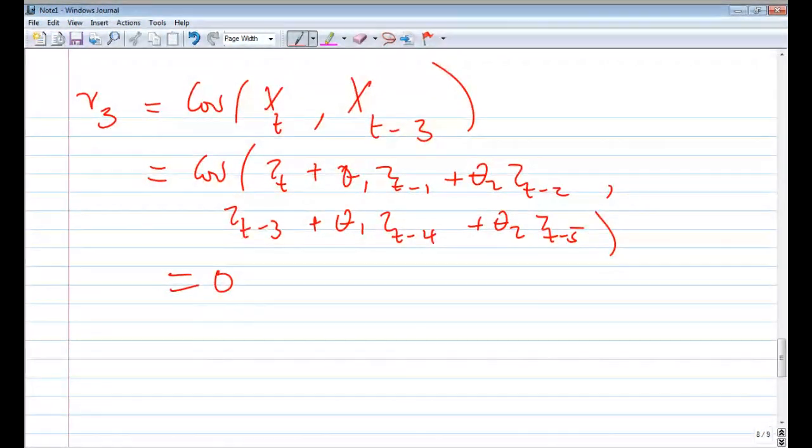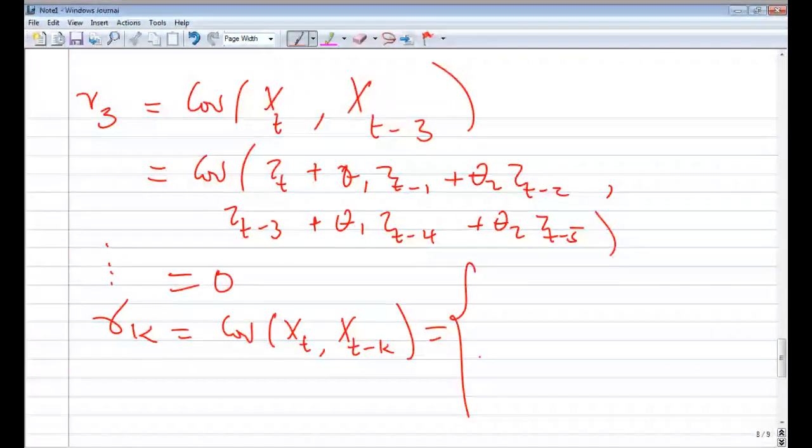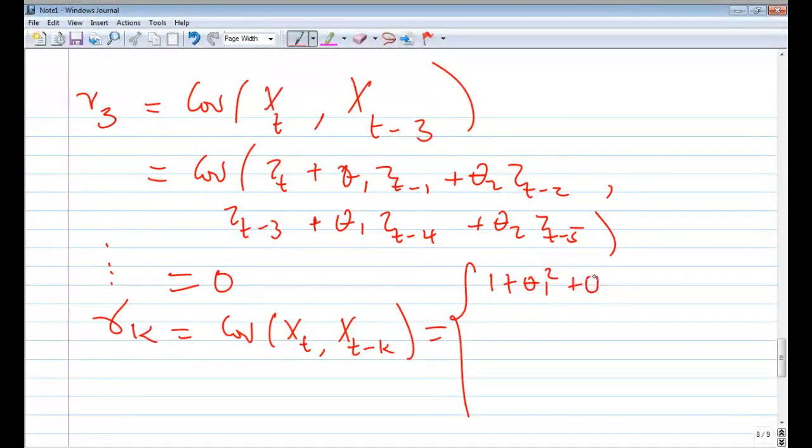The same applies to gamma 4. It's going to give you 0. Gamma 5 is going to give you 0. So now we just want to generalize it to gamma k, which is the covariance of xt and xt minus k. It's equal to (1 plus theta 1 squared plus theta 2 squared) sigma squared z for k equal to 0.